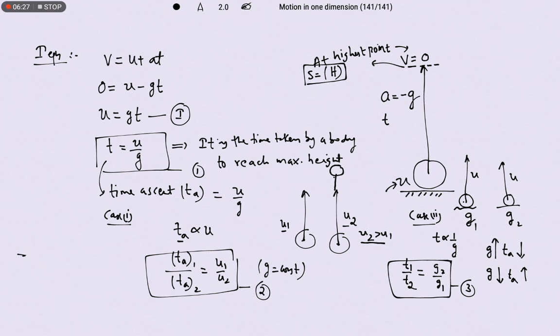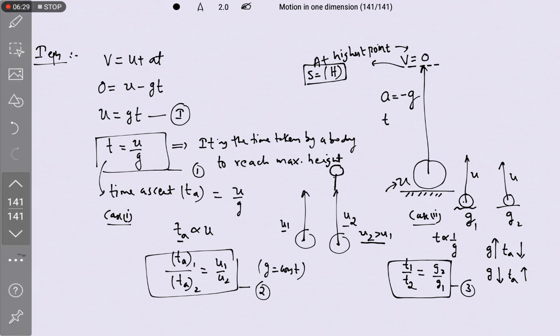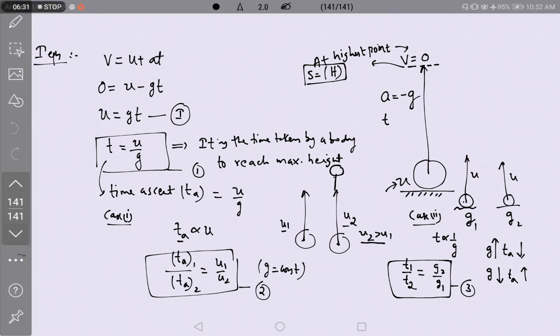Now let us apply the second equation of motion. So what is the second equation of motion? For an object which is moving along a straight line, s equals ut plus half at square.